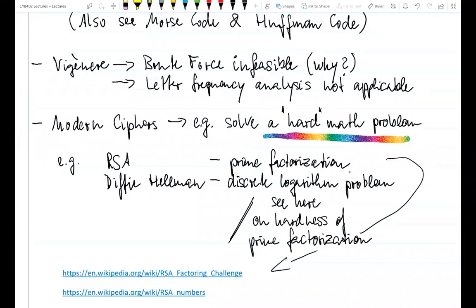Then, knowing the result, it's really, really hard to actually find the two original prime numbers, the original factors of that result.